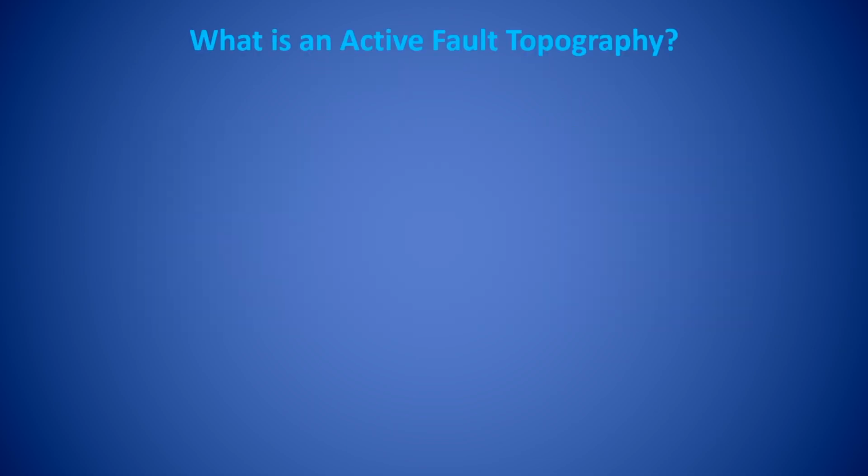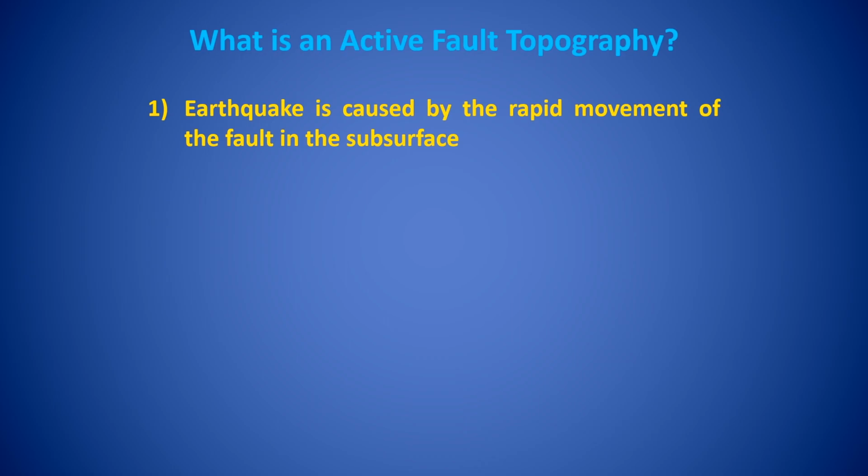Now, what is an active fault topography? This is the part we will be talking about. Of course, we have discussed this in the normal faulting environment also, a little bit, that a scarp is formed and then you have the degradation and all that. But an earthquake is caused by rapid movement of the fault in the subsurface.